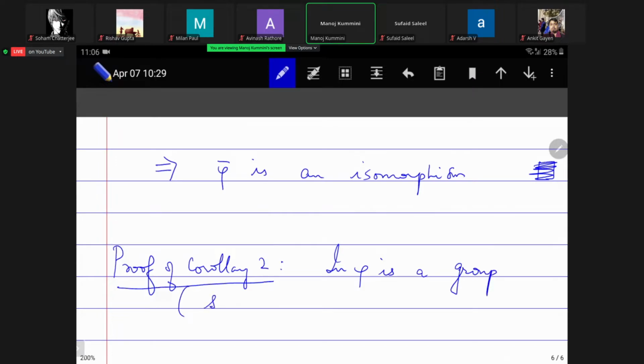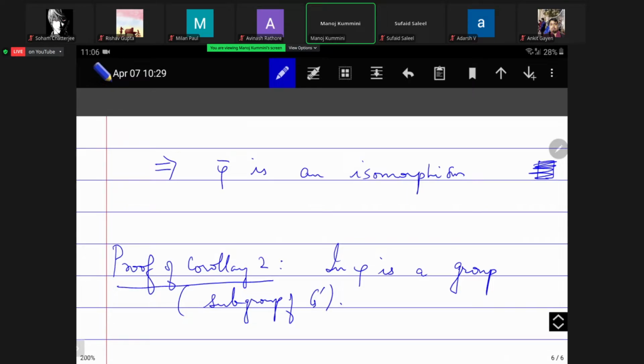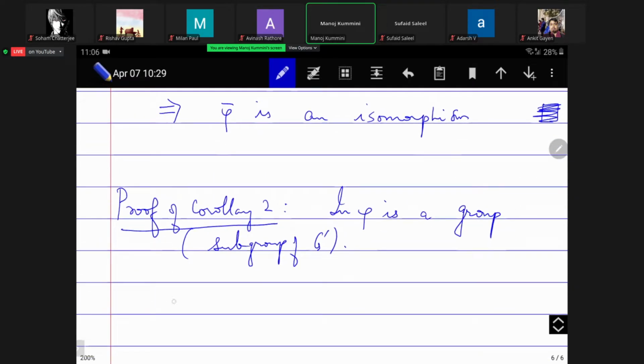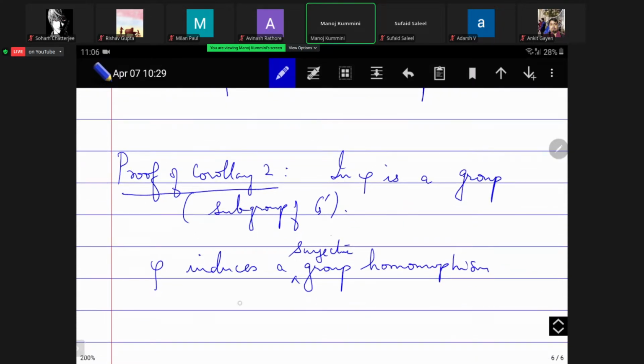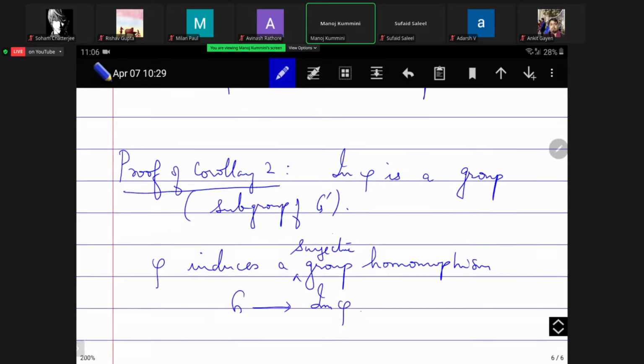It is a subgroup of G prime. Okay. Phi induces a surjective group homomorphism from G to the image of phi, which we still denote by phi.